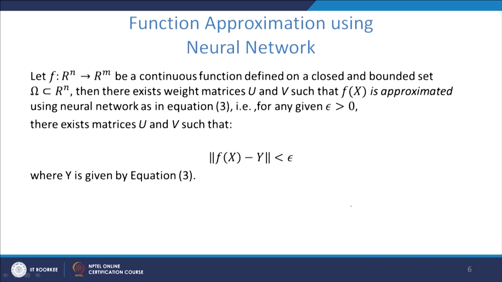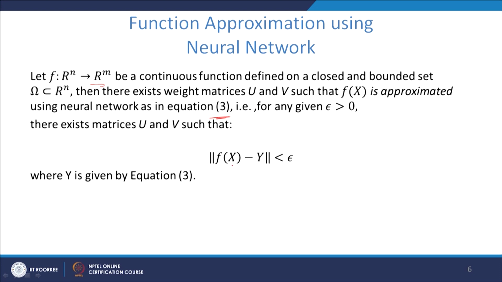Now, the artificial neural network has an interesting property: any given function f of n variables from R^n, with its value in R^m, can be approximated by a neural network as given in equation 3 in the previous slide.